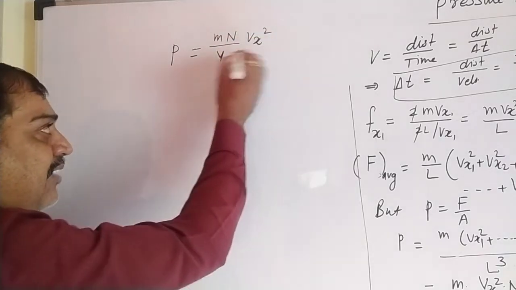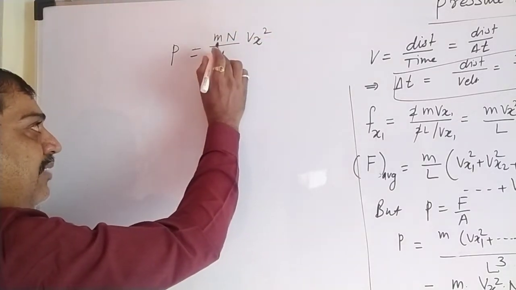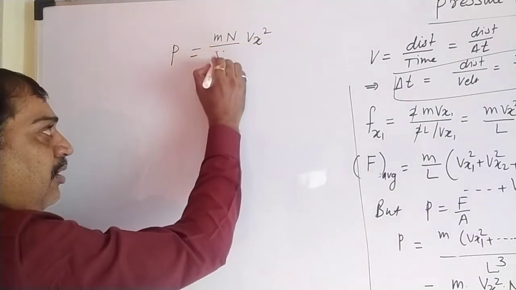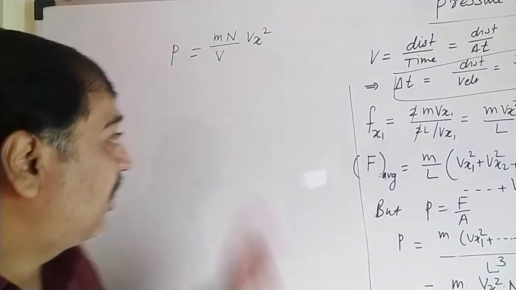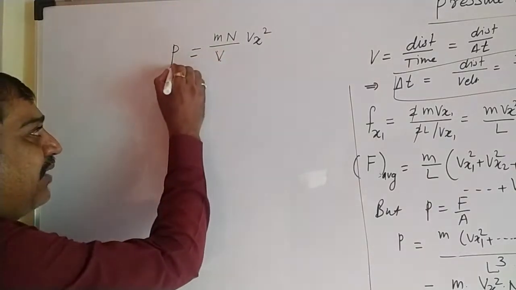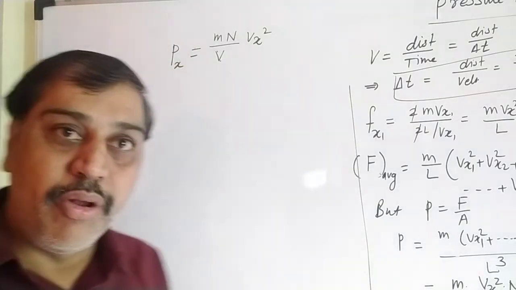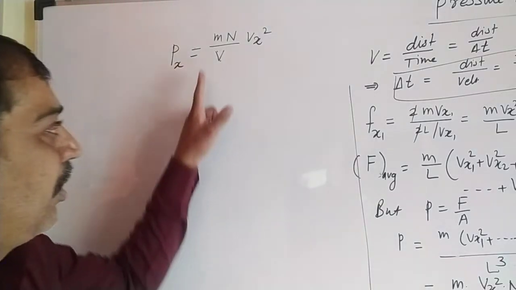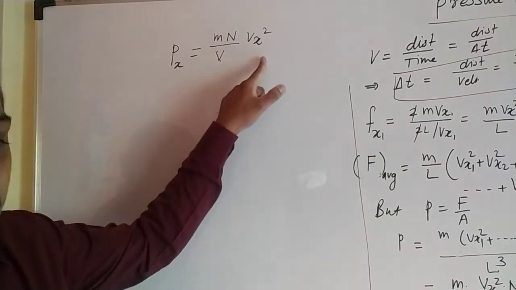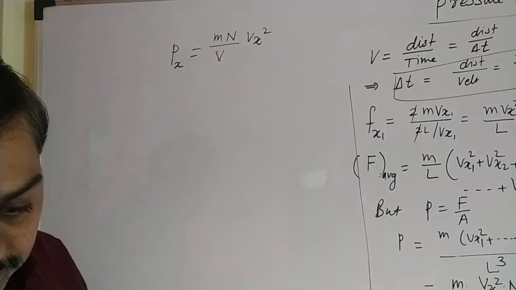That is for the x-axis, the particle is moving along the x-axis, so Vx square we have taken. So this is the pressure exerted by all molecules, all molecules traveling along the x-axis on that shaded part. Px equal to mn divided by V into Vx square.